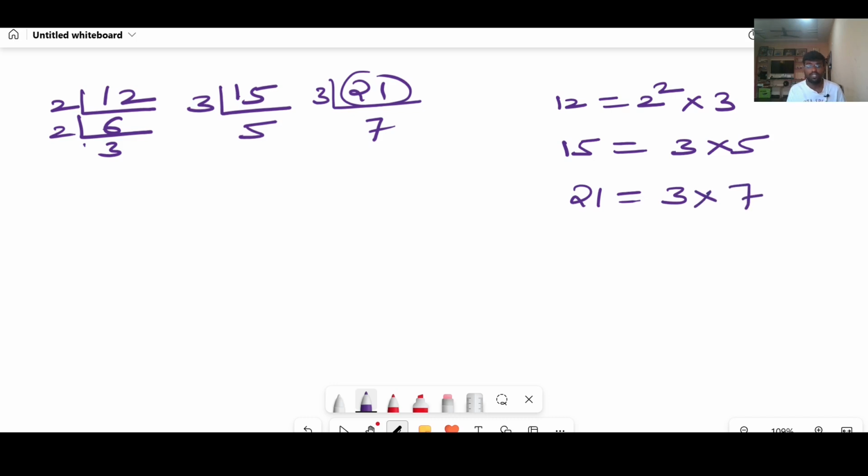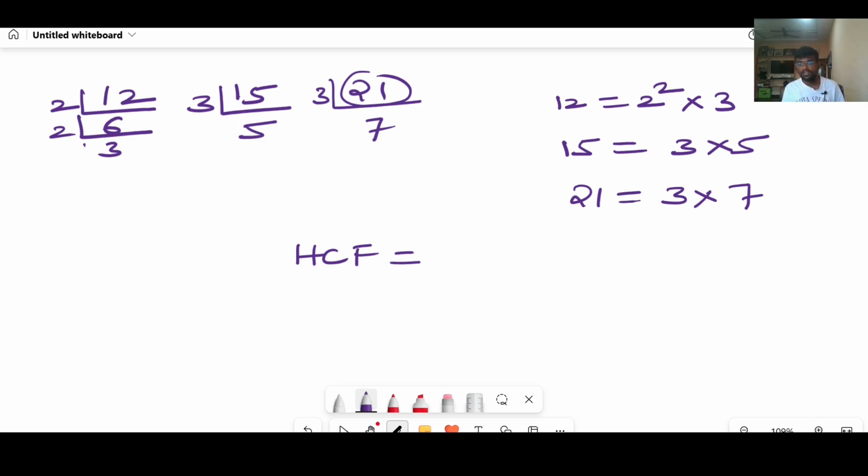Look at here, while finding HCF, the prime factor should be present in all the prime factorizations, and we have to take the least exponent of that common prime factor, right?